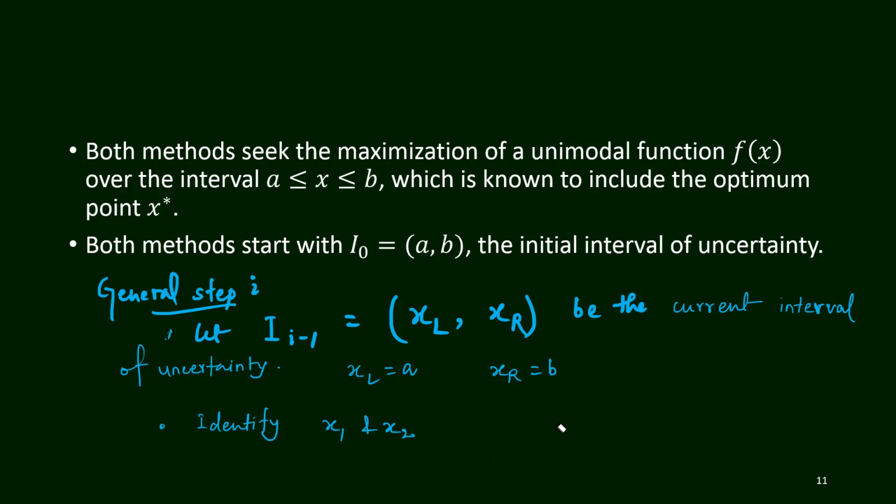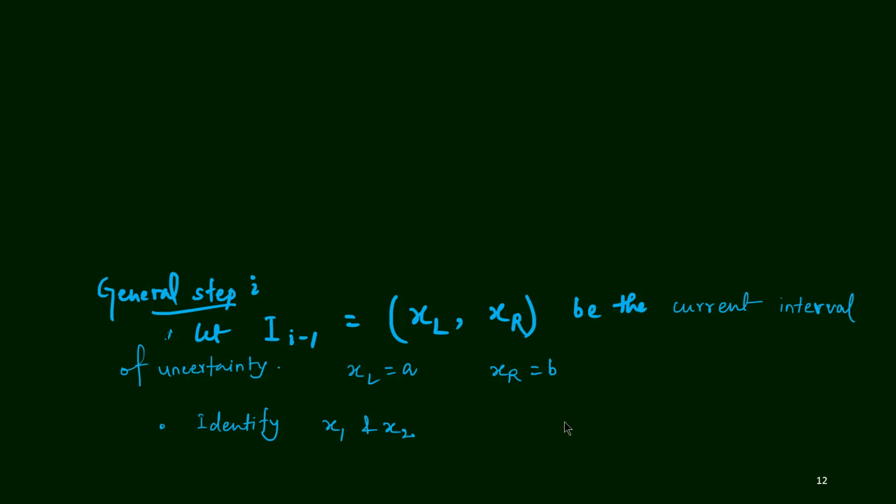Let's go to the next slide. Okay, so here let me write the dichotomous method, and here I am writing the golden section method. What are the formulas for x1 and x2 in both cases?